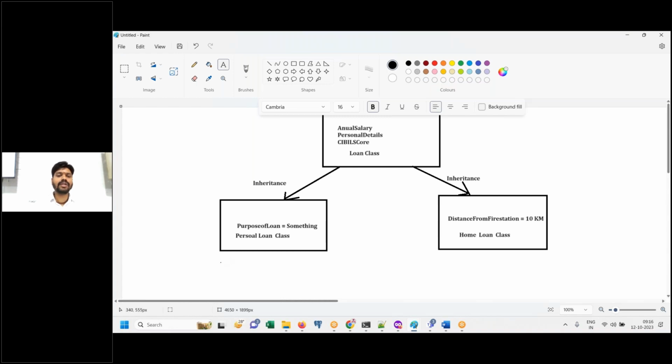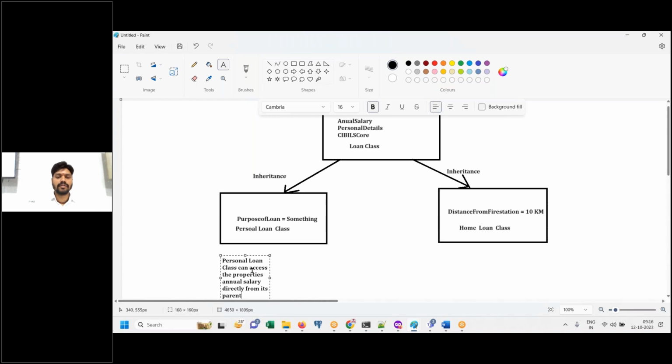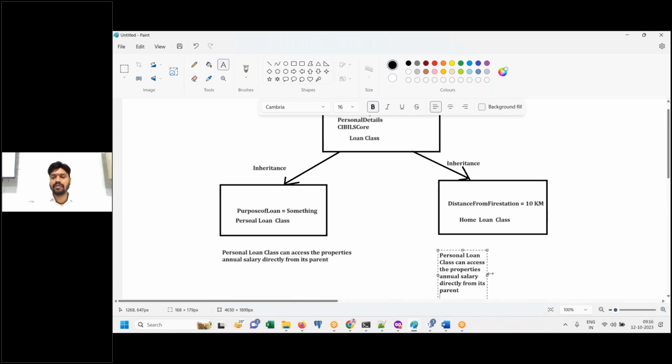Okay, so what is the advantage now? Personal loan class can access the property annual salary directly from its parent. In the same way, home loan class can access it directly.